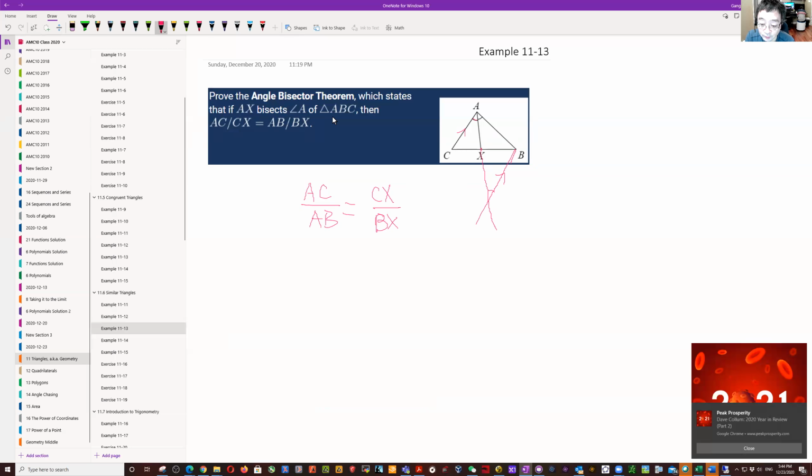This is the alternate interior angle, AIA. Let's call the extended point D.